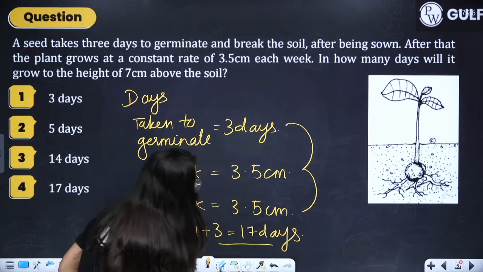So average speed could be calculated by 2AB upon A plus B. Here we know what our average speed is, that is 30. We know the speed going up the hill, which is 15, right? So can I say A equals 15 and I need to find the B, right?